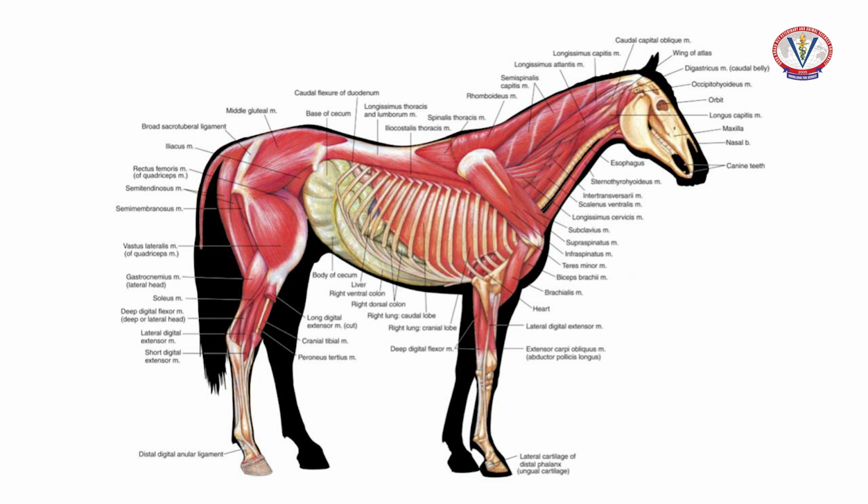In horses, the liver is situated in the cranial part of the abdomen directly against the diaphragm. The most caudal part lies ventral to the vertebral extremities of the 16th and 17th ribs on the right side.